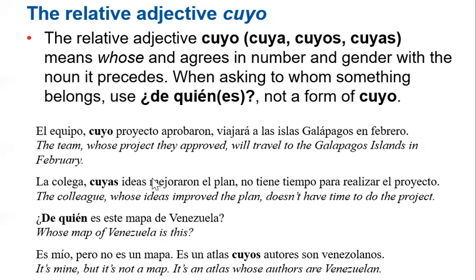And cuyo, when it's whose, when it's used as a possessive and not a question, then we're going to use cuyo, and it will agree with whatever it is modifying. It has nothing to do with the antecedent as other relative pronouns have dealt with. It functions differently. It'll agree with whatever it is modifying right after the word cuyo.